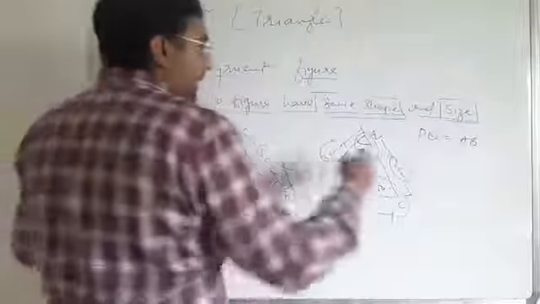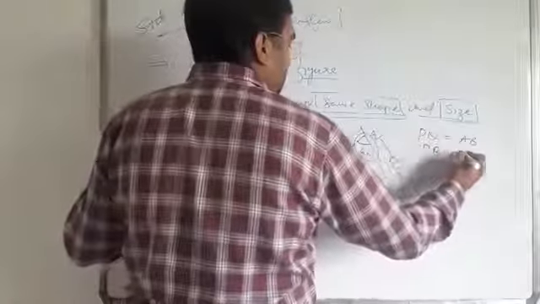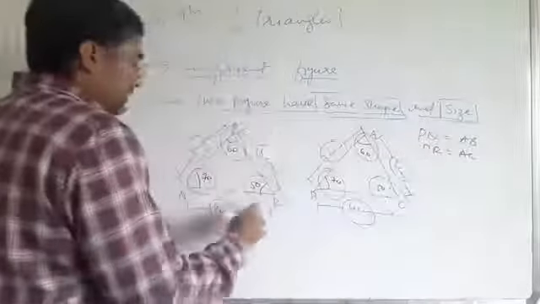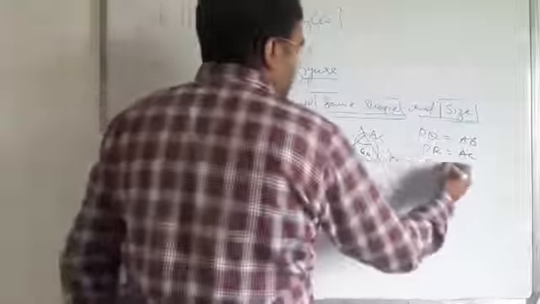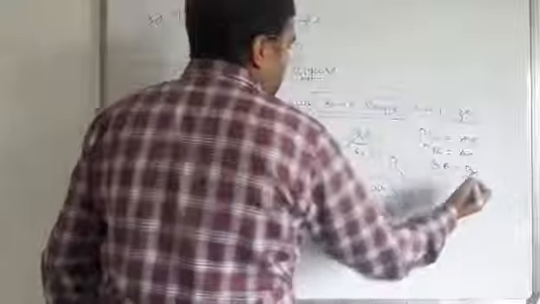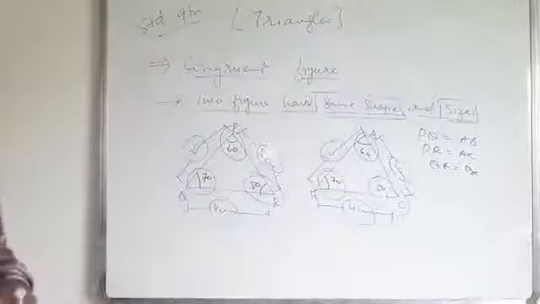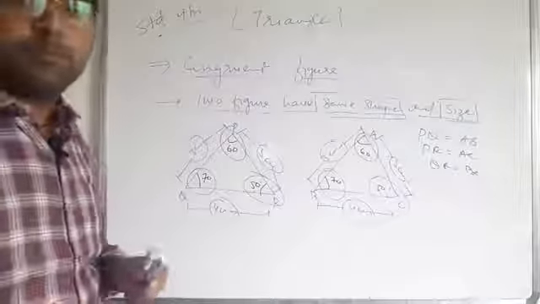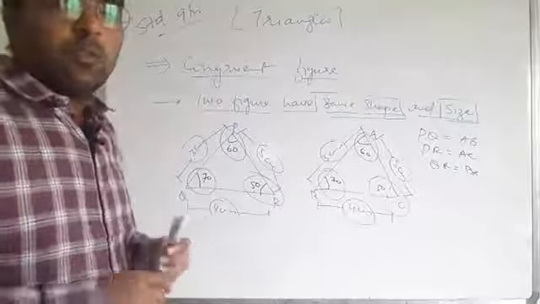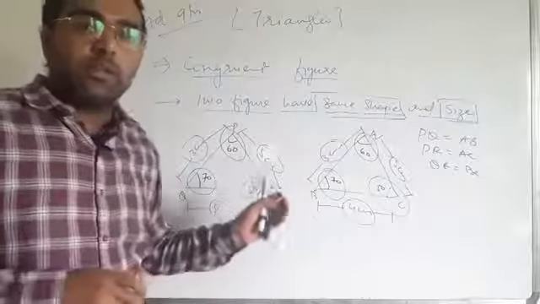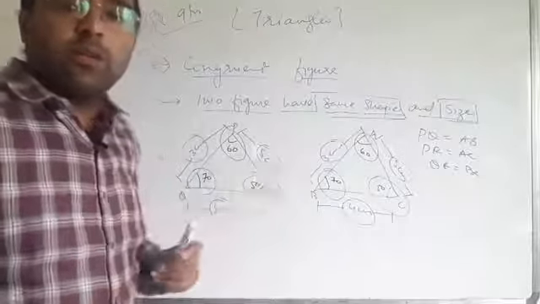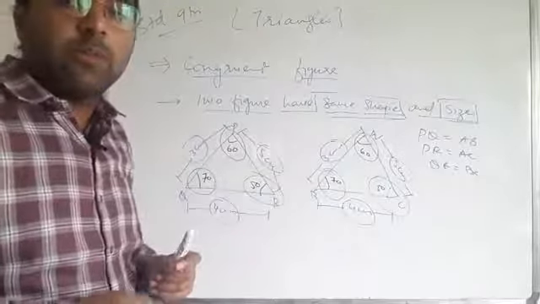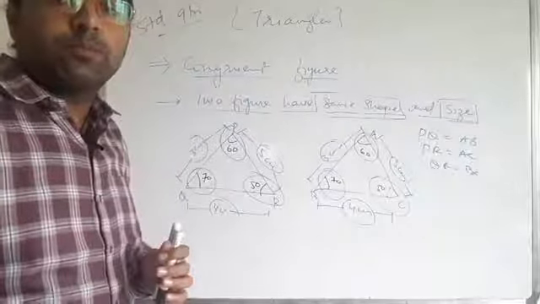Second, my PR is equal to AC. Third, my QR is equal to BC. Here all sides of the triangles are equal to each other. Okay, clear?